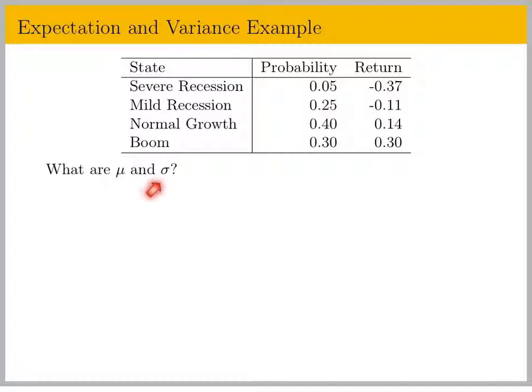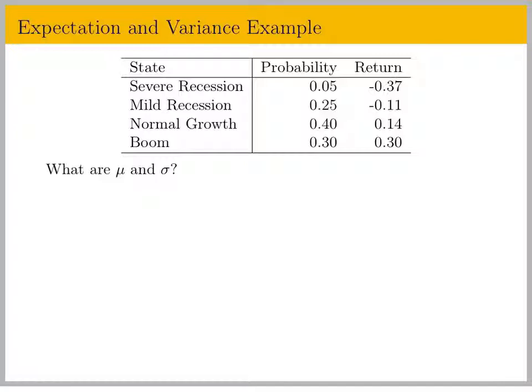Recall, I'm going to use this notation mu and sigma as synonyms for expected value and standard deviation of the return. Well, to compute the mean, we just do the probability weighted sum since this is a discrete random variable.